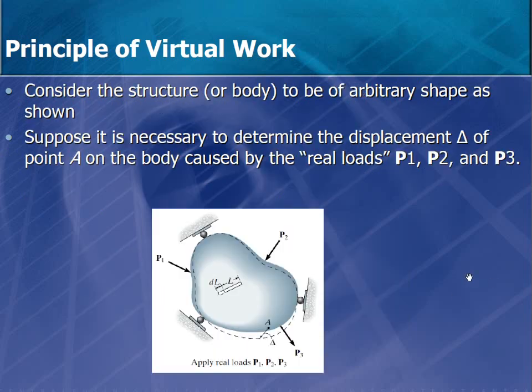So what does this mean? Assume that you have an arbitrary body, it doesn't matter the shape of it, subjected to different loading. This is more than one load, and we are going to find this deformation. The deformation is not under any of the loads. This is what we're going to find, this deformation delta in this direction.